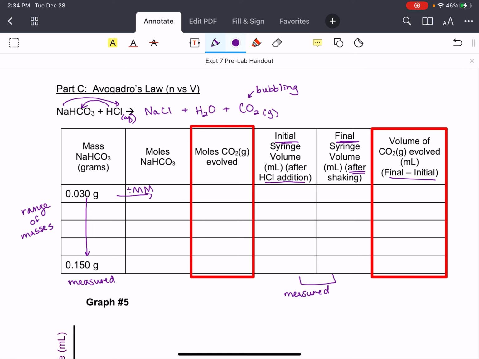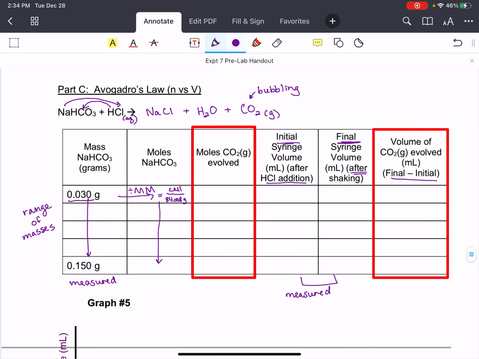You can have Excel do this calculation for you. All you would have to do is type equals and the number that you have for your mass or your cell if you don't include the gram unit, and you would just divide your cell by the molar mass, which is 84.008 grams. And then you can highlight that all the way down.